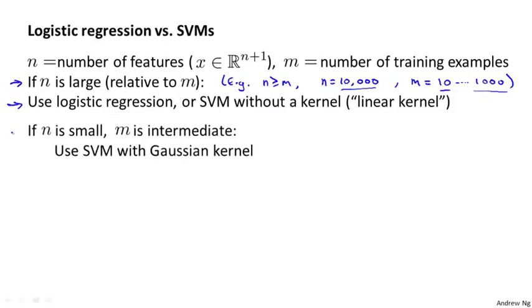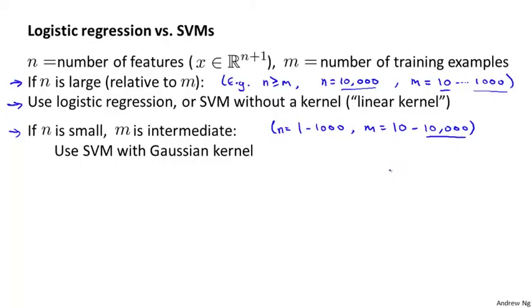Now, if n is small and m is intermediate, so what I mean by this is, if n is maybe anywhere from 1 to 1,000, 1 would be very small, but maybe up to 1,000 features, and if the number of training examples is maybe anywhere from 10 to maybe up to 10,000 examples, maybe up to 50,000 examples. So if m is pretty big, like maybe 10,000, but not a million, right?